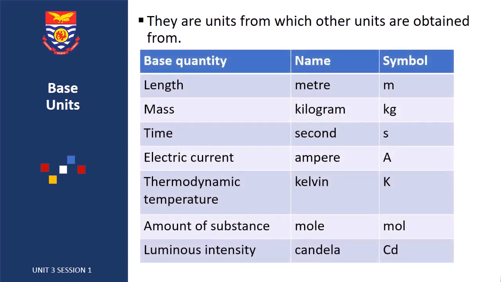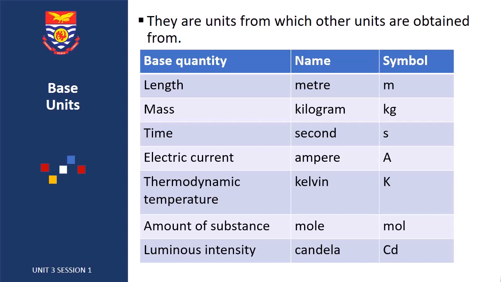The 7 quantities are length, measured in meter with the symbol small m, mass measured in kilogram with the symbol small k, small g, time measured in second with the symbol small s, electric current measured in ampere with the symbol capital A, thermodynamic temperature or temperature for short measured in Kelvin with the symbol capital K, amount of substance which is the mole and the symbol is mol, and the luminous intensity, name of unit candela and the symbol cd.